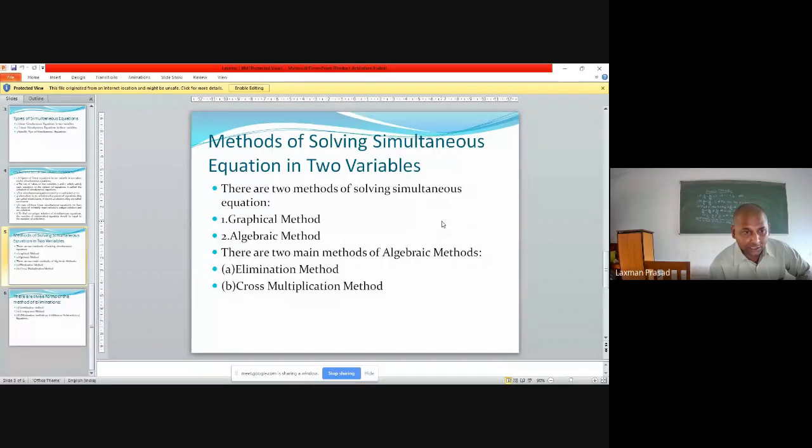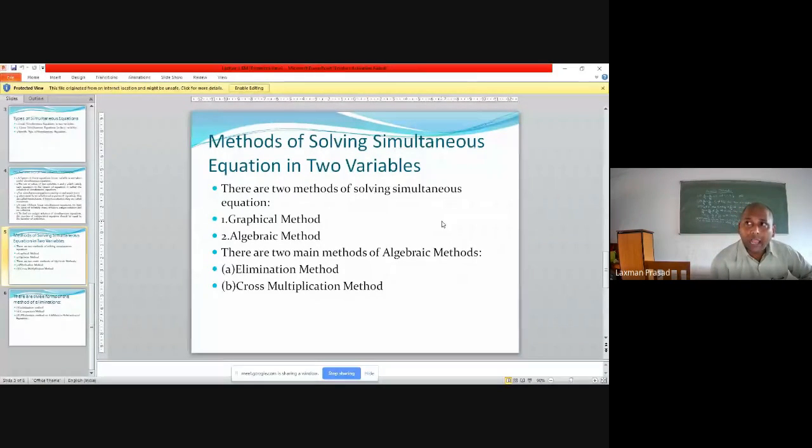In elimination method, first you eliminate whether x or y. While elimination, you eliminate one value, then find out the value of another. Suppose if you eliminate x, so you find out the value of y, and if you eliminate the y, you find out the value of x.